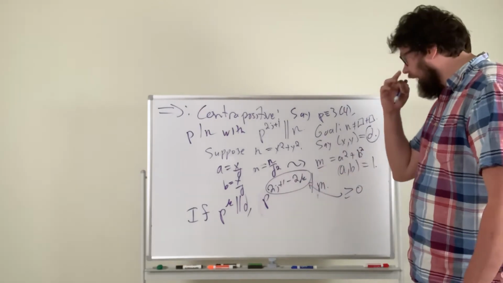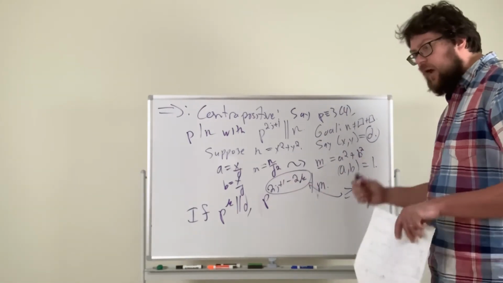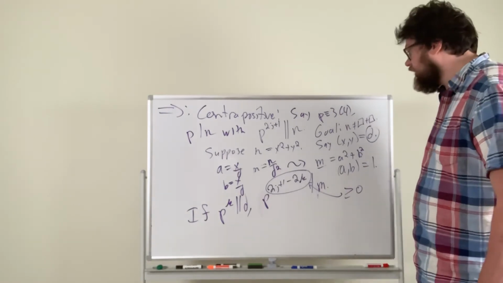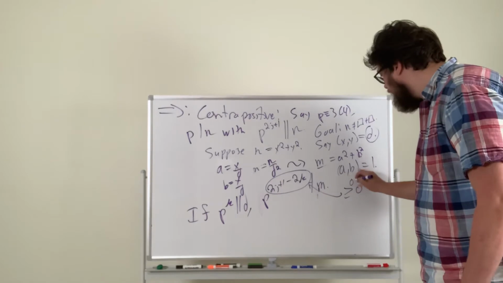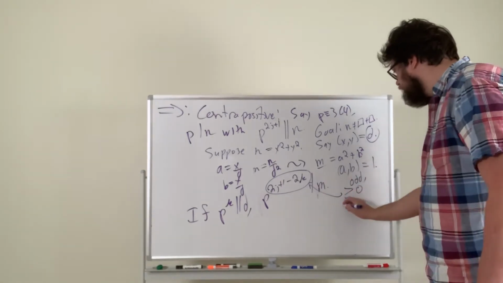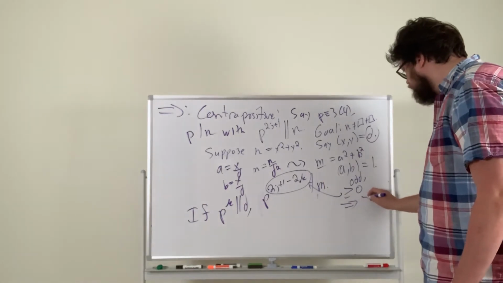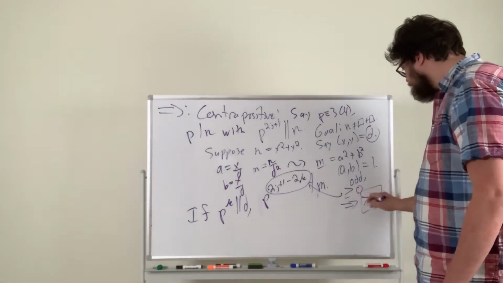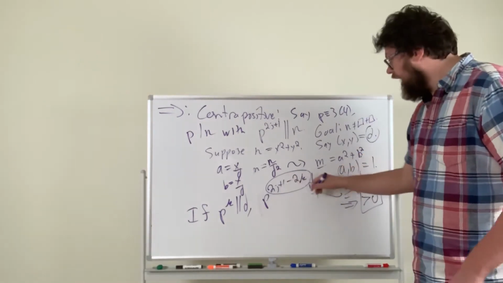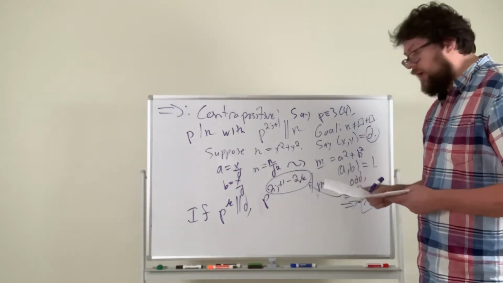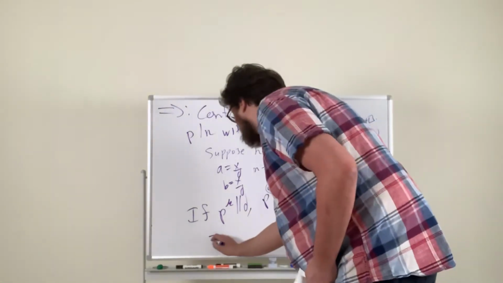This is a really handy trick a lot of the time: whenever you have an odd non-negative number, it has to be positive. So this exponent, 2j plus 1 minus 2k, is odd and greater than or equal to 0, and every odd number that's non-negative is in fact greater than 0. So p to a positive power divides m, and that means in particular that at least p divides m.